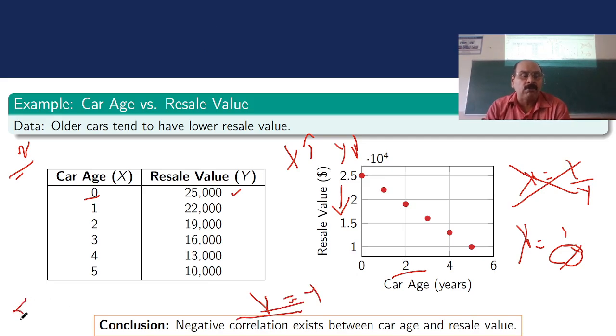What is sigma x square? Sigma x square is 55.